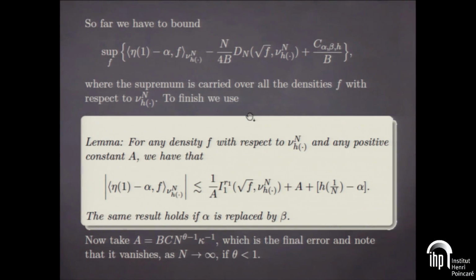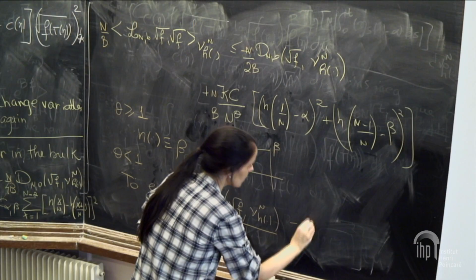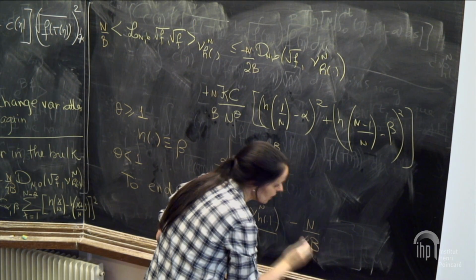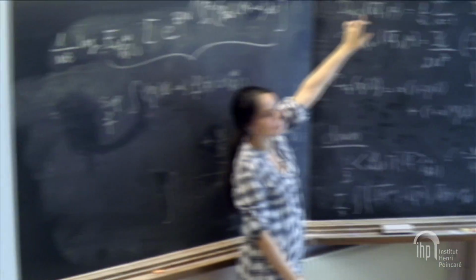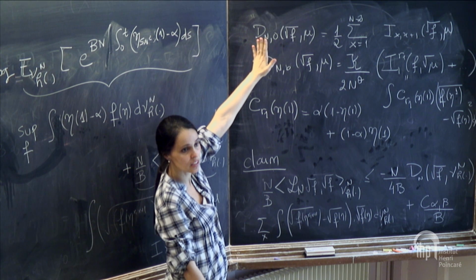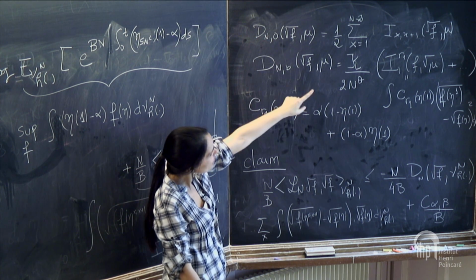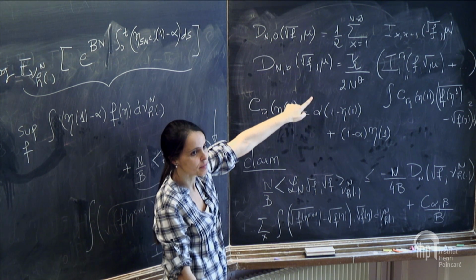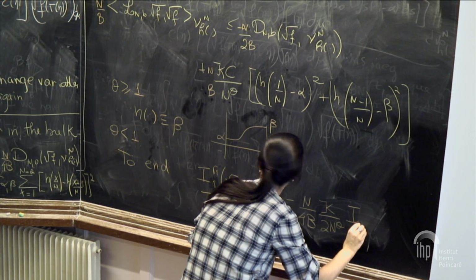In the variational formula, this guy is here. In the other side, there is a minus n over 4b times the Dirichlet form, the Dn. But remember that the Dn is the sum of these two guys, so this guy I just throw it away because it is positive, so I just neglect it. And this term here, there is a kappa over n theta. Okay? So I'm going to replace it. There is a kappa over 2n theta times the same guy, right?